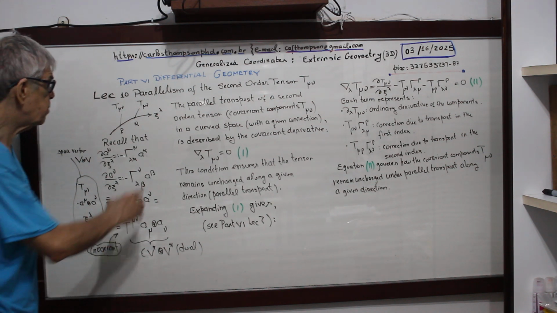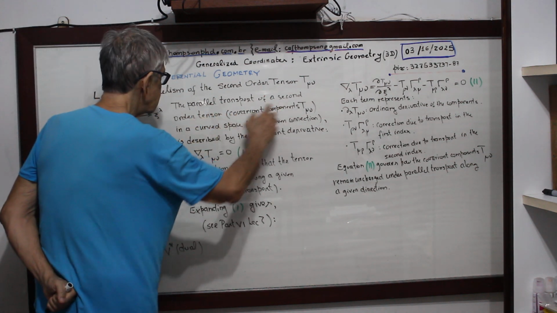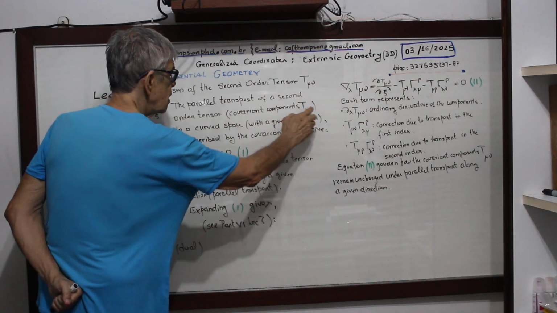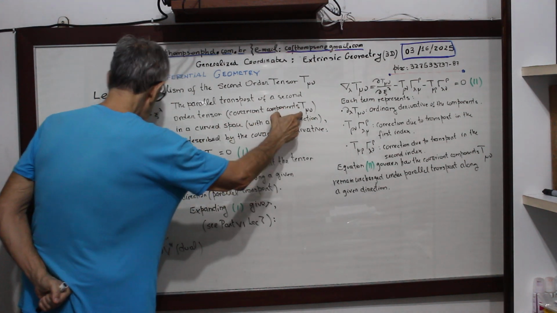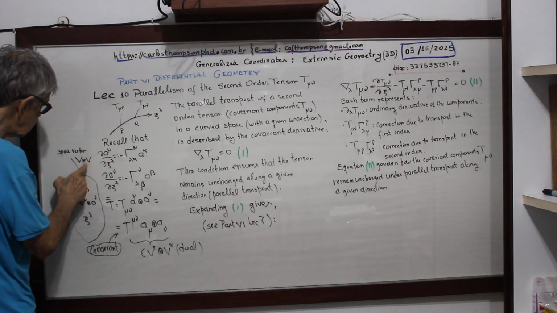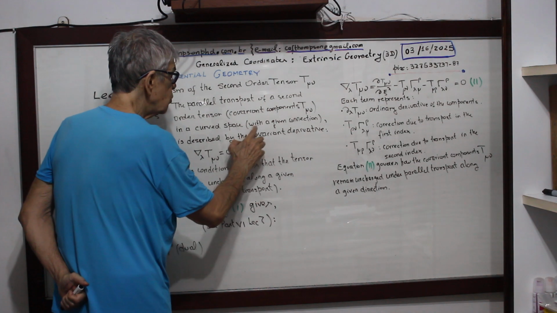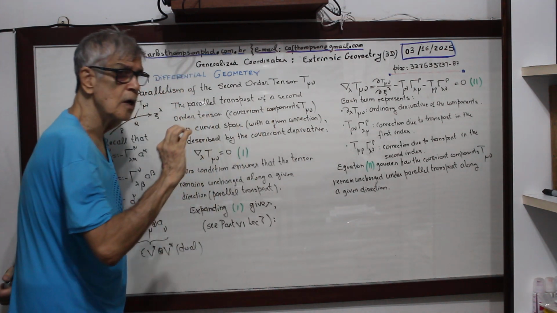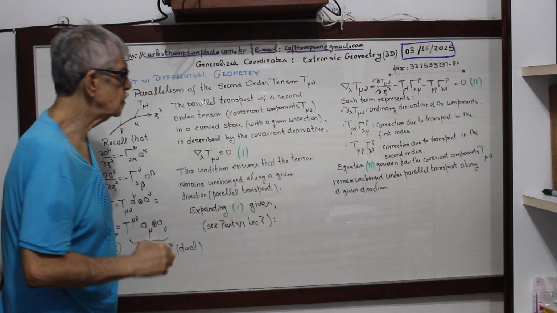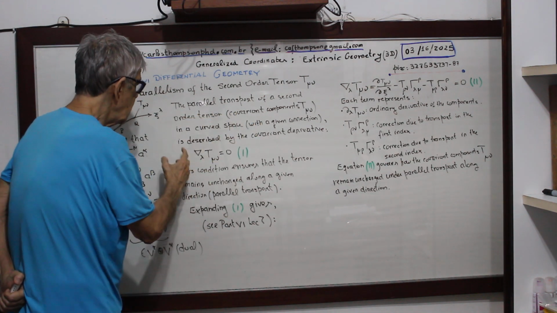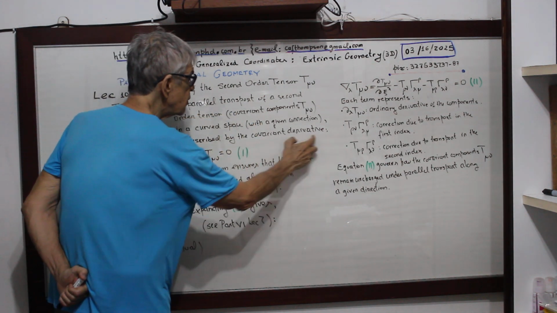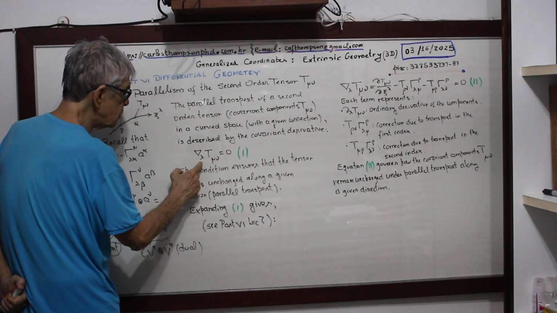Now, the parallel transport of a second order tensor, these covariant components over here, which belongs to this space vector, in a curved space with a given connection, the Christoffel symbol, it's called connection, is described by the covariant derivative. This is a covariant derivative.